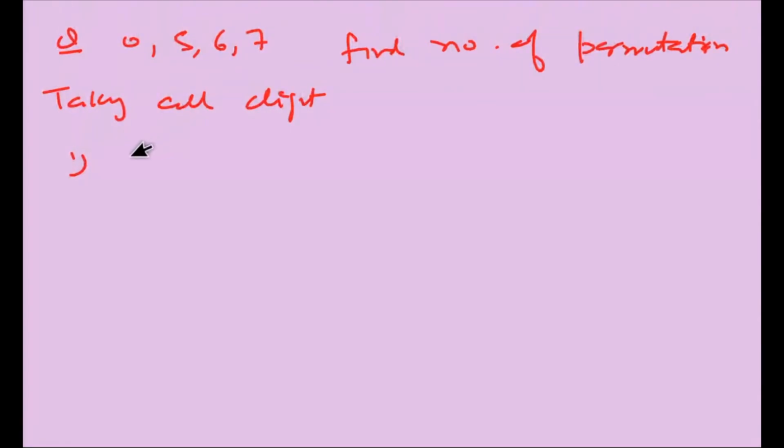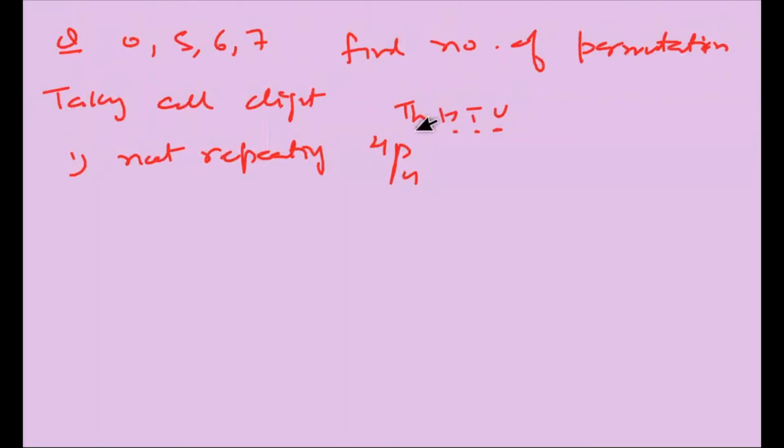Number 1, not repeating. Okay, so if you use 4P4, then all digits you have to use here and fill up the 4 places: unit, tens, hundreds, and thousands places.